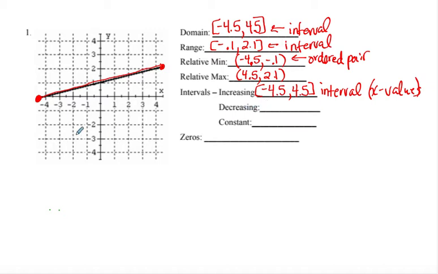Okay, is it decreasing anywhere? If I move from left to right, is my pen ever going to go down? No, so we can leave this blank. Constant would mean that it stays horizontal for a while. And here, nothing stays horizontal, so there's no constant. A 0 is where it crosses the x-axis.